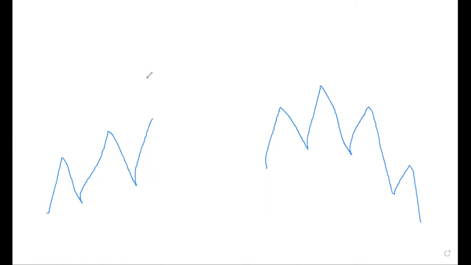Looking at these two charts, there's something common: when the market takes out the highs, it always retraces. It always comes down, either as a retracement or as a reversal. Either way, it must come down.